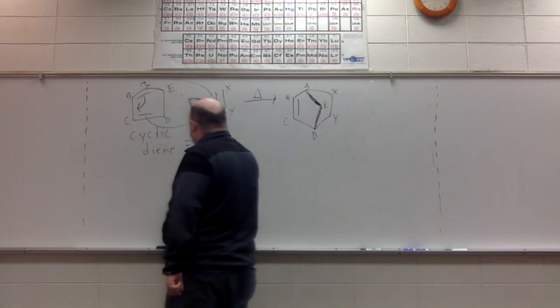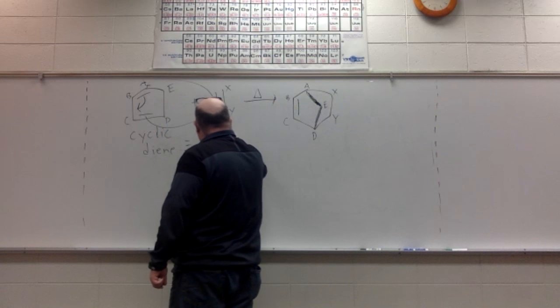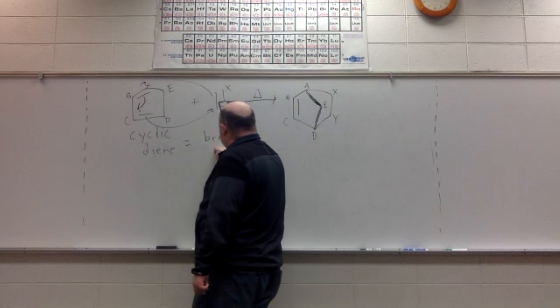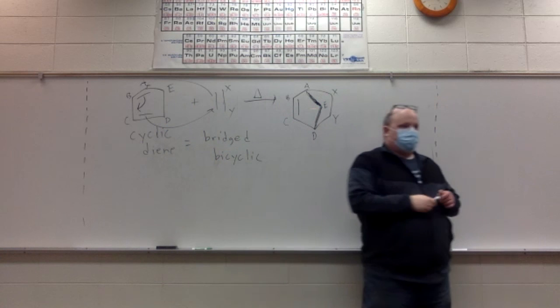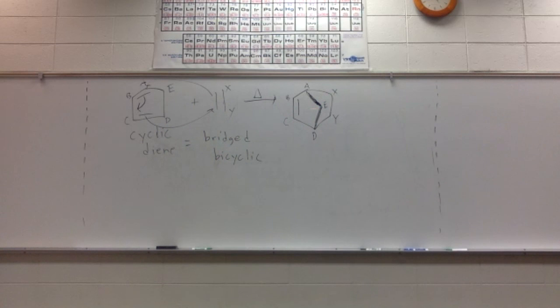If you have a cyclic diene, it forms something called a bridged bicyclic system. So cyclic dienophiles produce fused bicyclics. Cyclic dienes produce bridged bicyclics. I see we're almost out of time here. What I'm going to do is draw the better way to draw this. You're going to totally hate it because everybody always does.